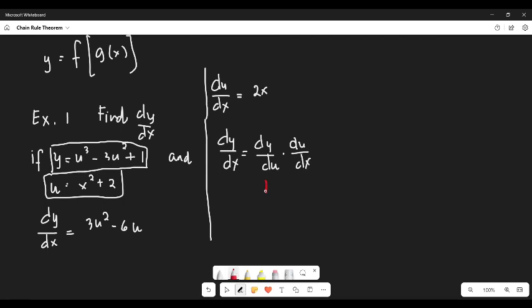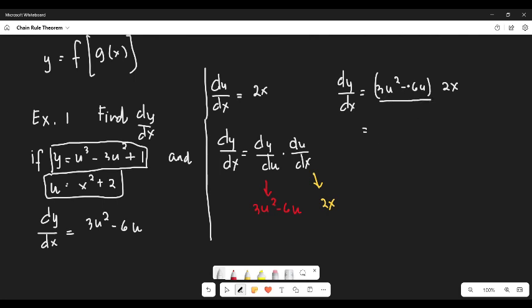Substituting the values into the formula, for dy/du we have 3u squared minus 6u, and for du/dx we have 2x, and then we do the math. So dy/dx is equal to 3u squared minus 6u multiplied by 2x, and we can distribute 2x inside the parentheses.